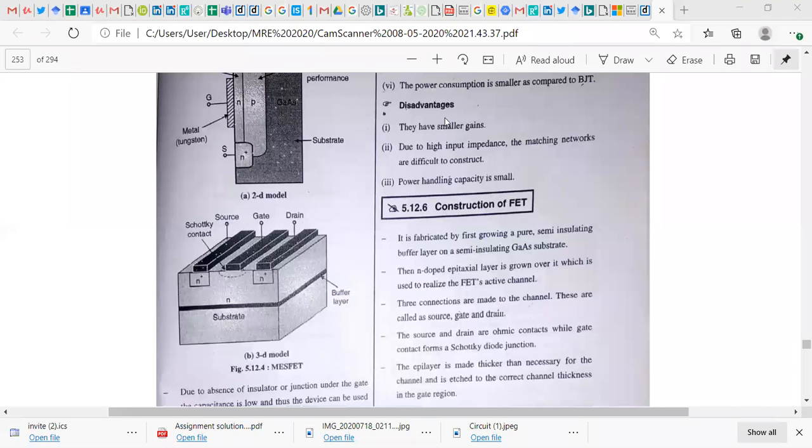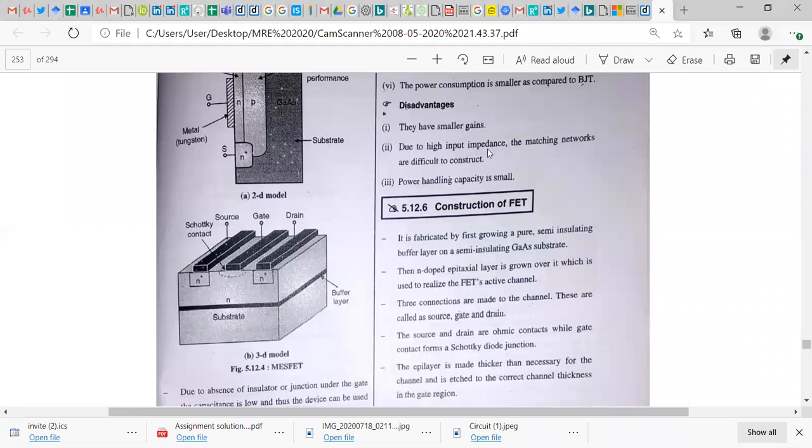Why we are using FET at microwave frequency and why we are preferring over BJT? Sir, FET has low bandwidth. Can you explain in relation to these two disadvantages? Power handling capacity is small, high input impedance.